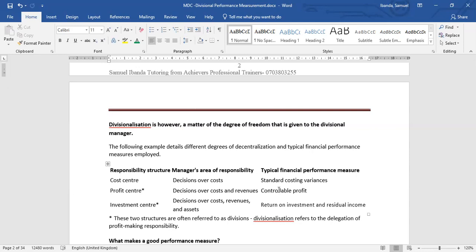When it comes to a branch, you may find that this manager doesn't have control over hiring, okay? Most of the staff are hired by the head office. So all the costs of this staff are not within the manager's control.